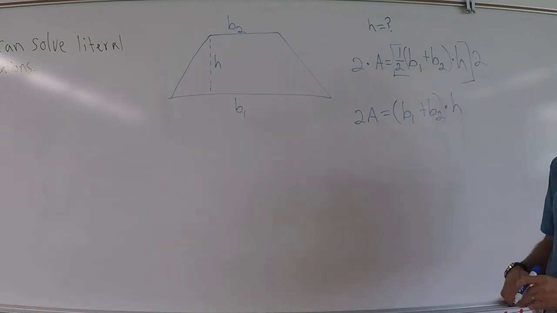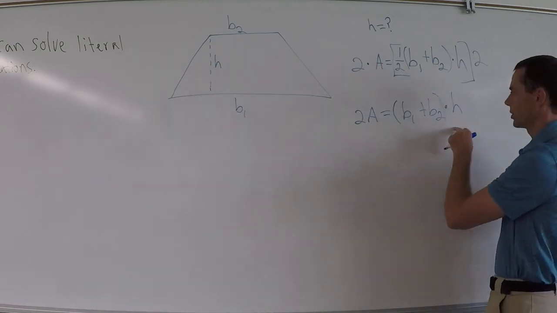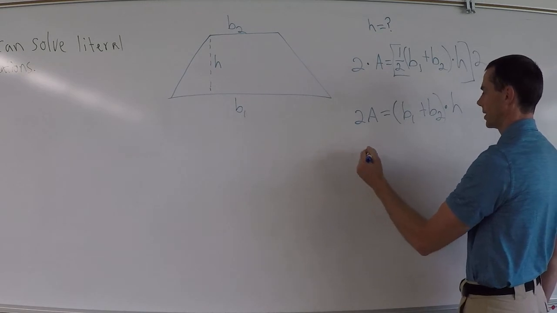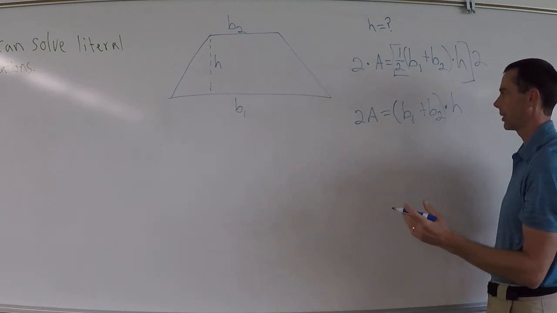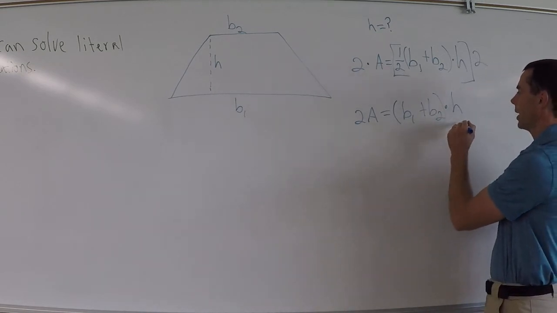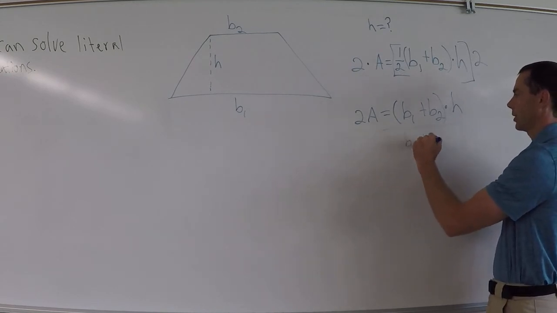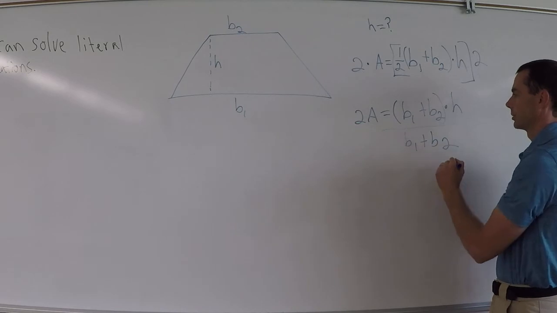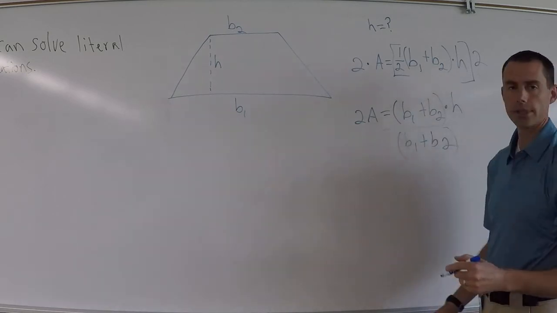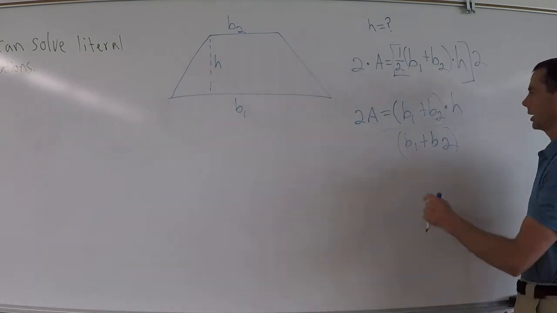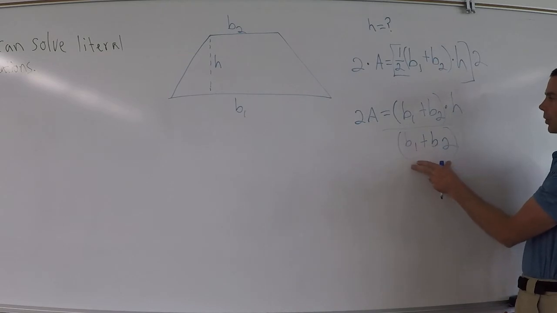And just to show you again more steps, I'm going to distribute the h through. Actually no I'm not, because we'd have to get rid of it anyway. Okay, so we're going to divide this by base 1 plus base 2. And you can put it in parentheses, it might help you remember. This is just one quantity, right?